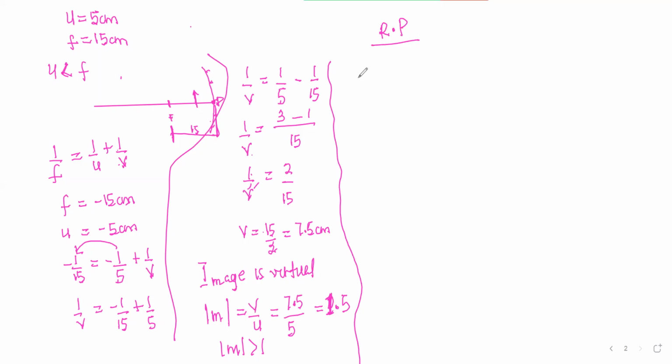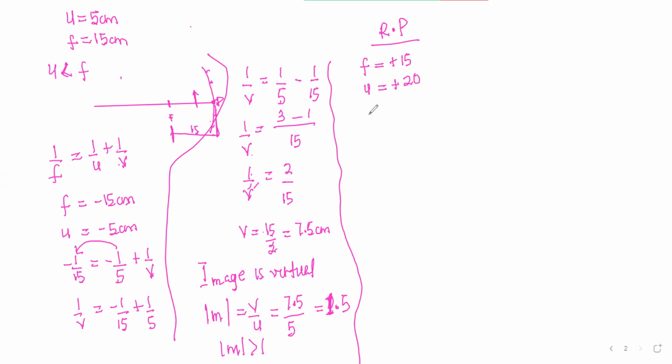The same question, let's use RP. RP, anything real is positive. So concave mirror has a real principal focus. So F for RP will be positive, so positive 15. Object is real, so U would also be positive 20.